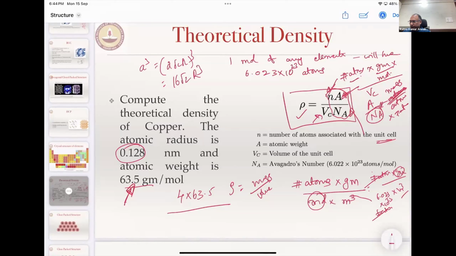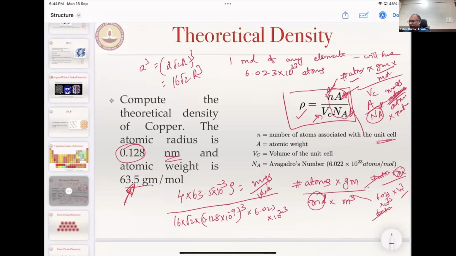That is 16 times root 2 times 0.128 into 10 power minus 9 whole cube. Why minus 9? Because it's in nanometers. The atomic weight is in grams, so I am converting it to kg with 10 power minus 3. Then 6.023 into 10 power 23. So minus 27 plus 23 will become 10 power 4 when it goes up.